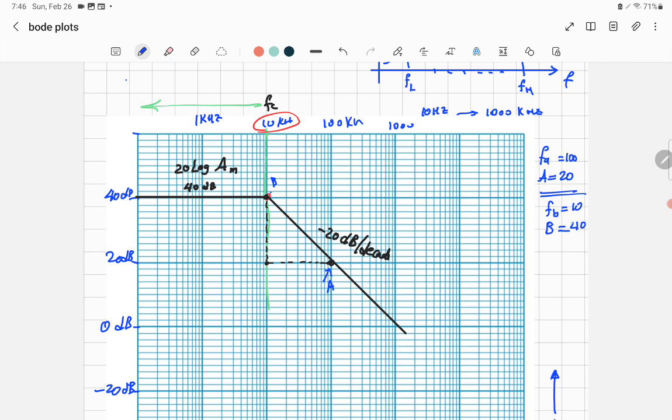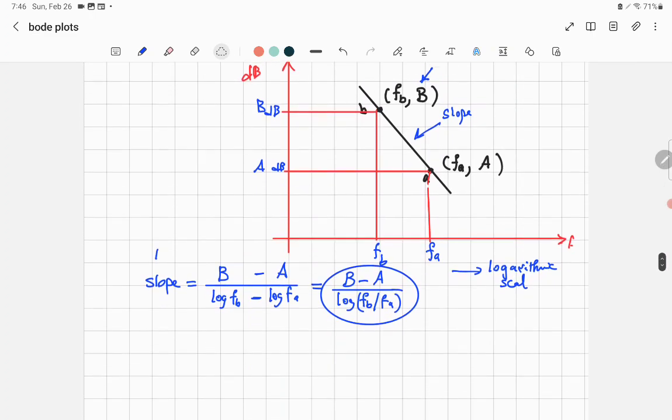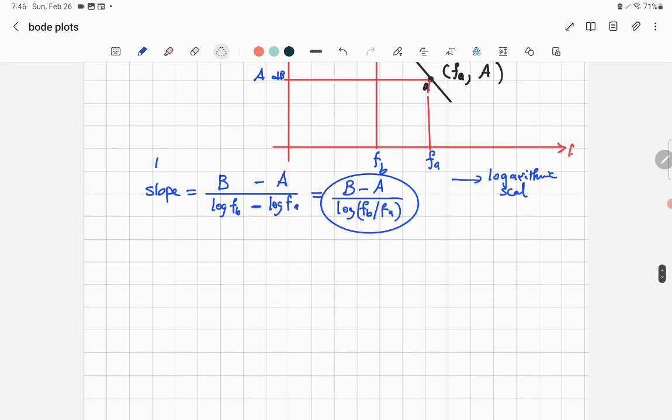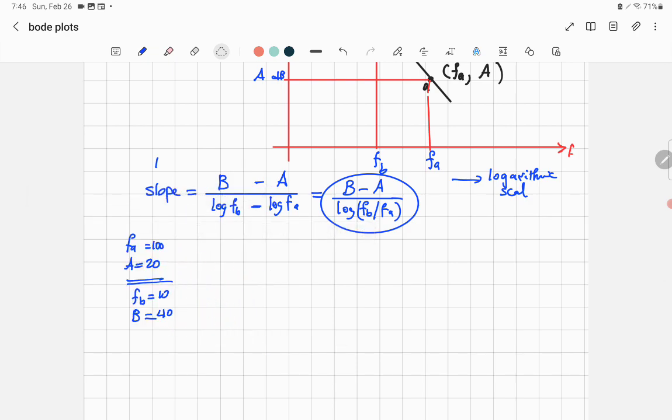All right. So let's take this and go to the equation that we did. Copy it and see if it's right or wrong. That's the equation we did. So let's do the example that we have. That's the data we got. So the slope will be equal to the value of B, 40, minus the value of A, 20.